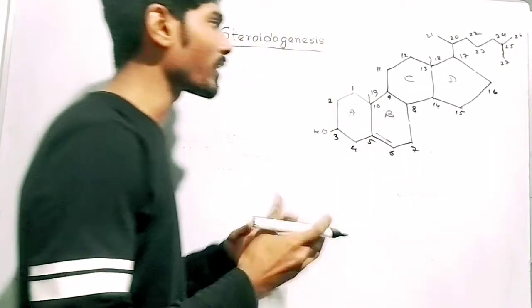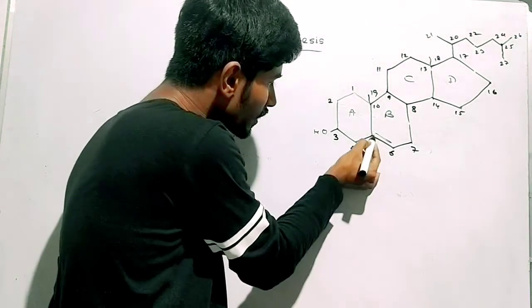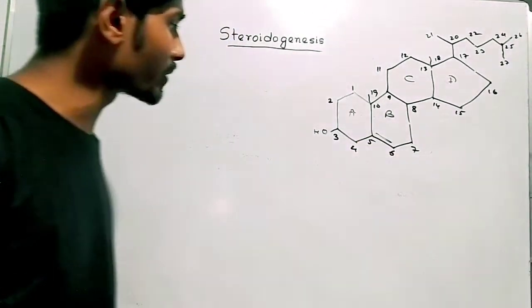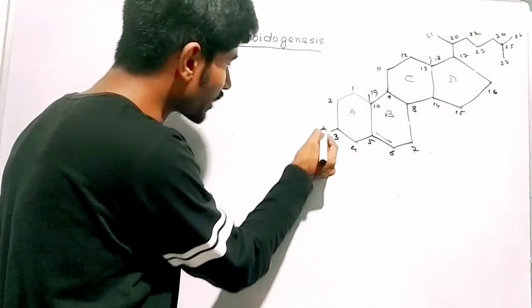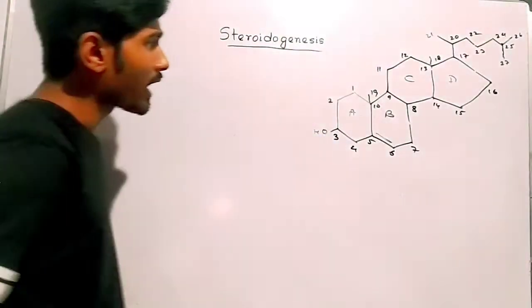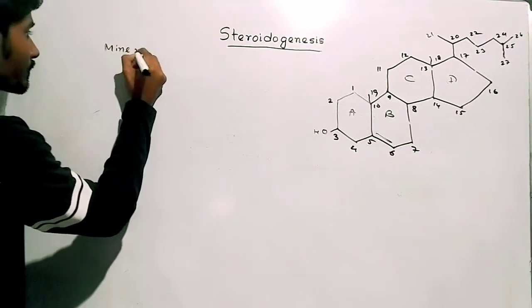So basically it is a 27 carbon compound, and you can see that in the B ring the pi bond is present between 5 and 6, okay, and there is a hydroxyl group in the third position. And now we will see how the mineralocorticoids are produced.